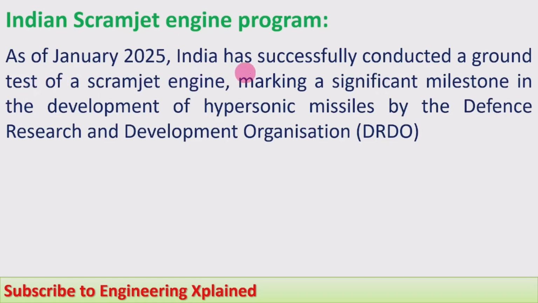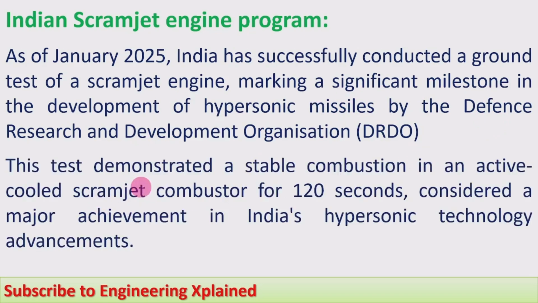As of January 2025, India has successfully conducted a ground test of a scramjet engine, marking a significant milestone in the development of hypersonic missiles by the Defence Research and Development Organisation, DRDO. This test demonstrated stable combustion in an actively cooled scramjet combustor for 120 seconds, considered a major achievement in India's hypersonic technology advancements.